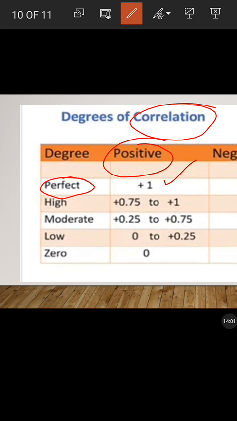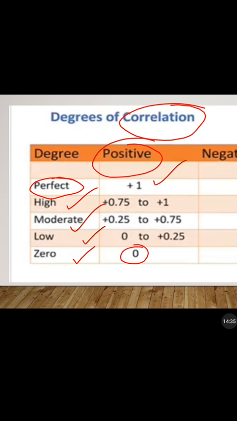If the value ranges from 0.75 to less than 1, then that is known as high degree positive correlation. If the value ranges from 0.25 to less than 0.75, then that is moderate correlation. Low correlation means the values will be more than 0 but less than 0.25. And if the value is 0, then it is known as no correlation or zero correlation.